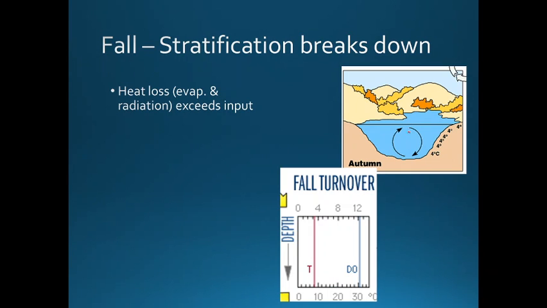So as we then get into fall, the lake stratification essentially starts to break down. Now why? There's still sunlight going into the lake in, let's say, September and October, but heat is radiating out and the water is evaporating, so it's losing a lot of heat, and as soon as that heat loss exceeds the heat input, the lake starts to cool down, and that cooling happens at the surface.